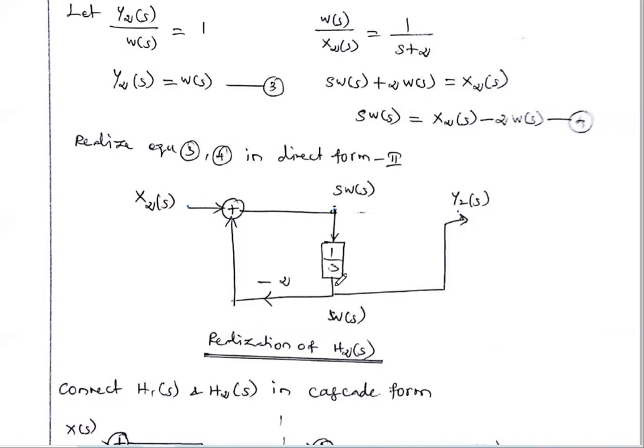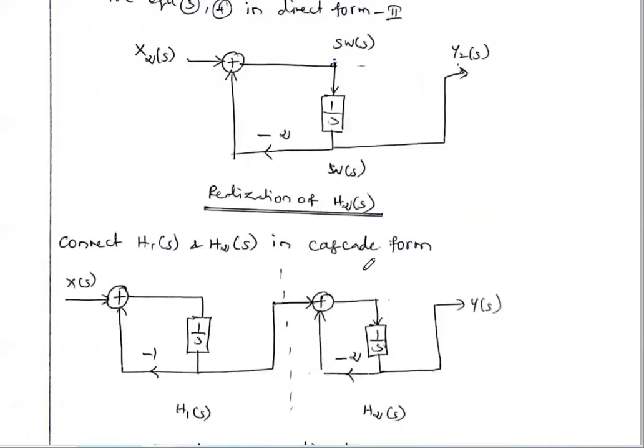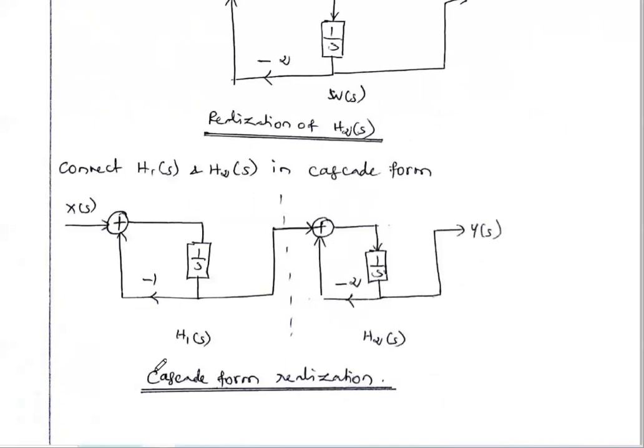So separately, individually, we realized H1 of S and H2 of S. Finally, the final diagram. The cascade diagram means we have to connect the H1 of S diagram and H2 of S in cascade. What is meant by cascade is, first we draw the H1 of S diagram. The output of H1 of S is given to the input of the H2 of S diagram.